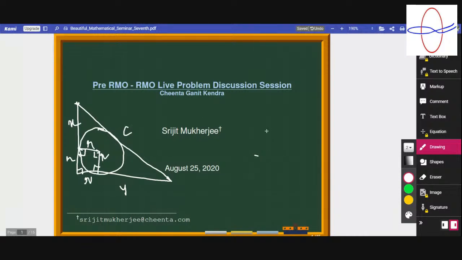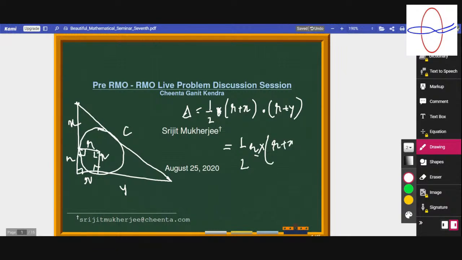Yes. So now the area of this is half into R plus X into R plus Y, right? Which is equal to half into R into the sum of the sides: R plus X plus R plus Y plus C. Let's try to see what we can get from here.